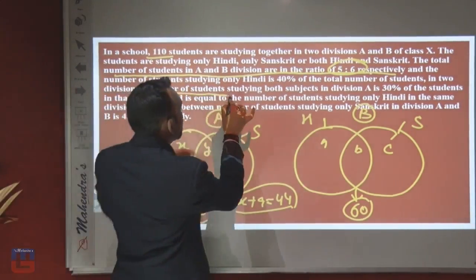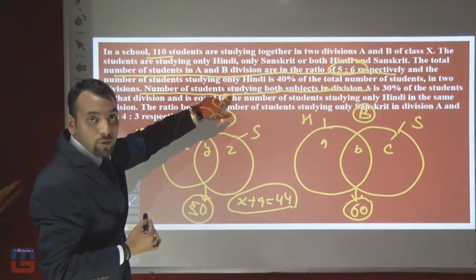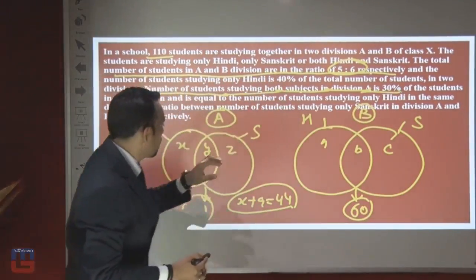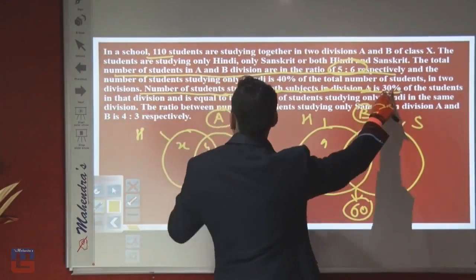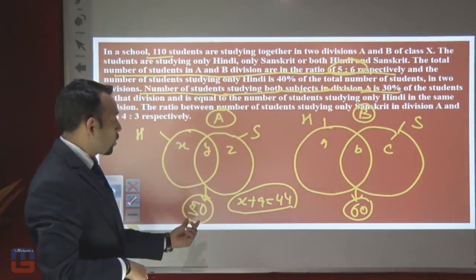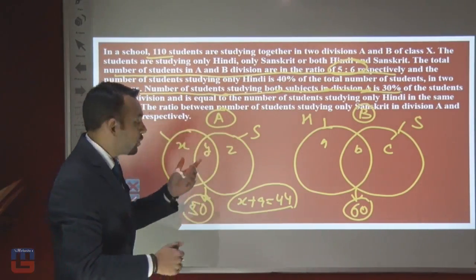Number of students studying both the subjects in division A. Both the subjects, which means we are talking about this portion, right? This is 30% of that division.